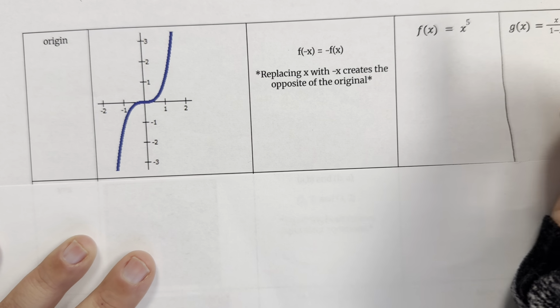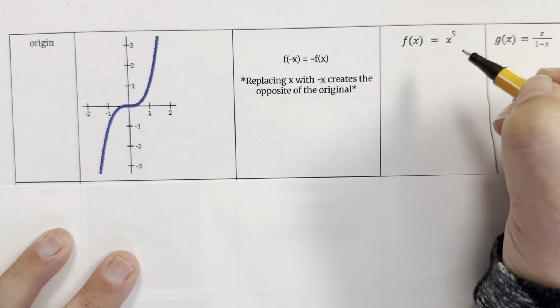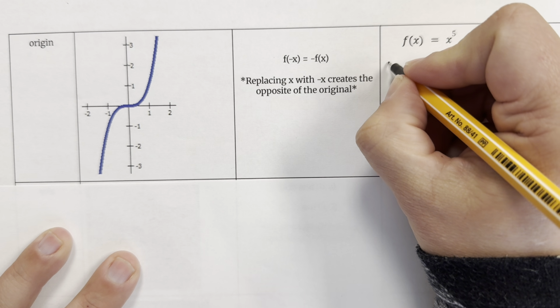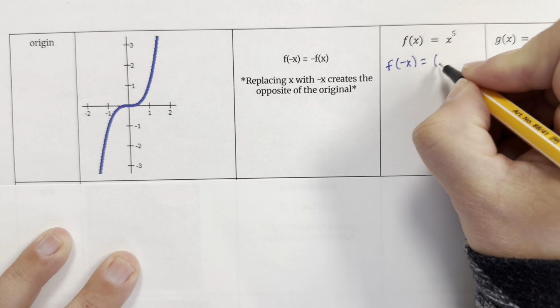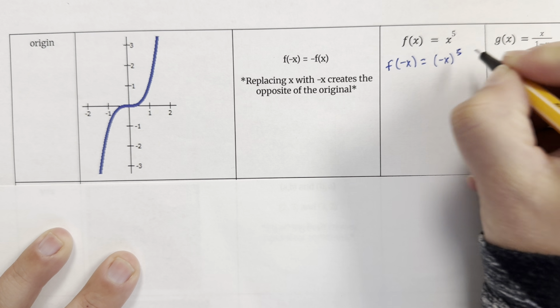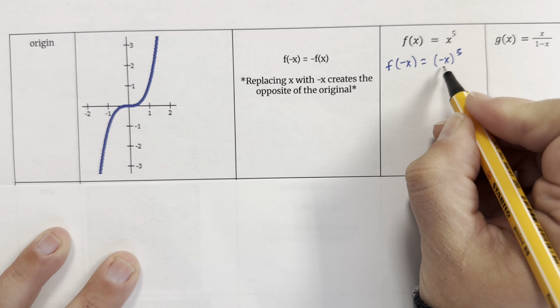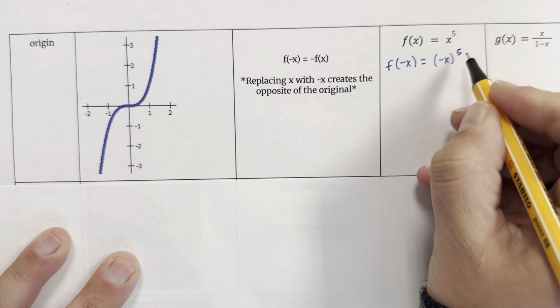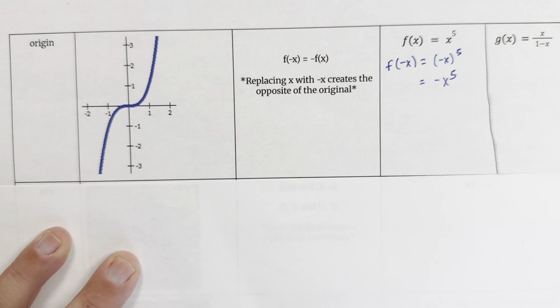So if I take a look at this first one here, the f of x, the first thing I'm going to do is f of negative x. I'm going to take my x and I'm going to make it negative. And we know that a negative to an odd power just makes it negative in the end.